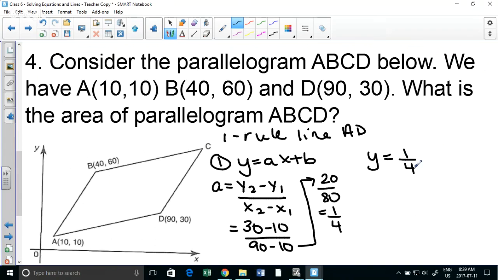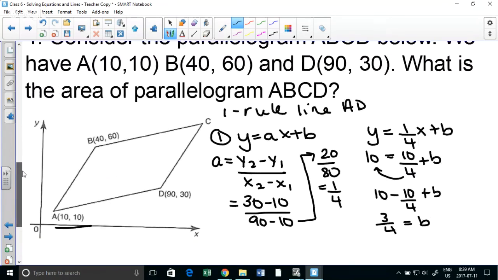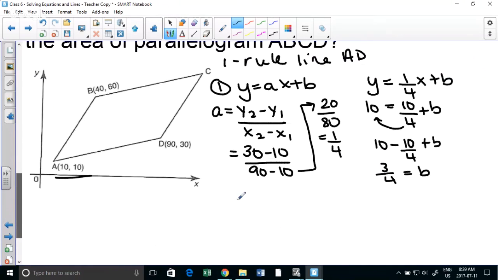Now I know the rule of my line is y equals 1 over 4x plus b. We'll take a point. I'm going to use the 10 and 10. So I have 10 equals 10 divided by 4 plus b. This moves over, so that gives me 3 over 4. So the rule of my line here is y equals 1 over 4x plus 3 over 4.